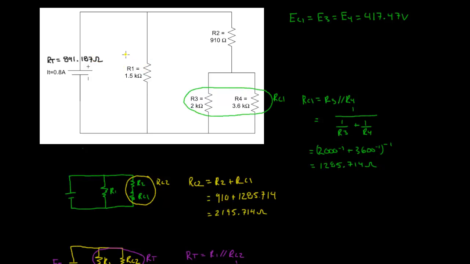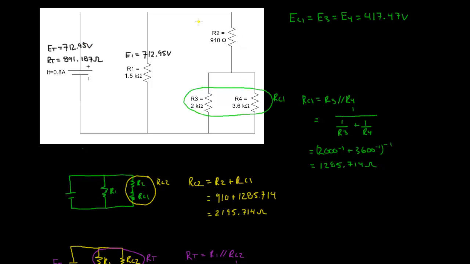We solved that E1, which is equal to ET, is 712.95 volts.